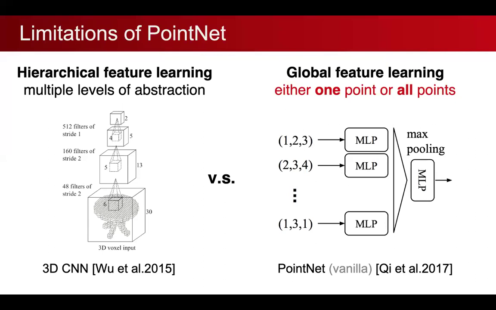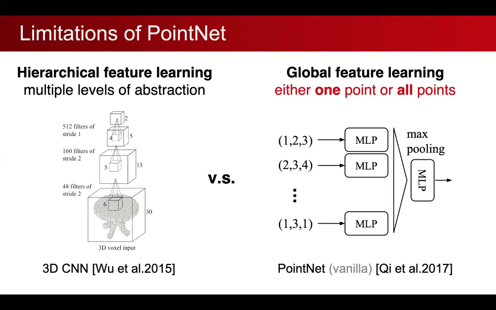So this is the structure of vanilla PointNet. Here we see the embeddings, and in the end we can use the aggregation to do global feature learning. But we don't have this hierarchy, and we don't have local properties at different resolutions.